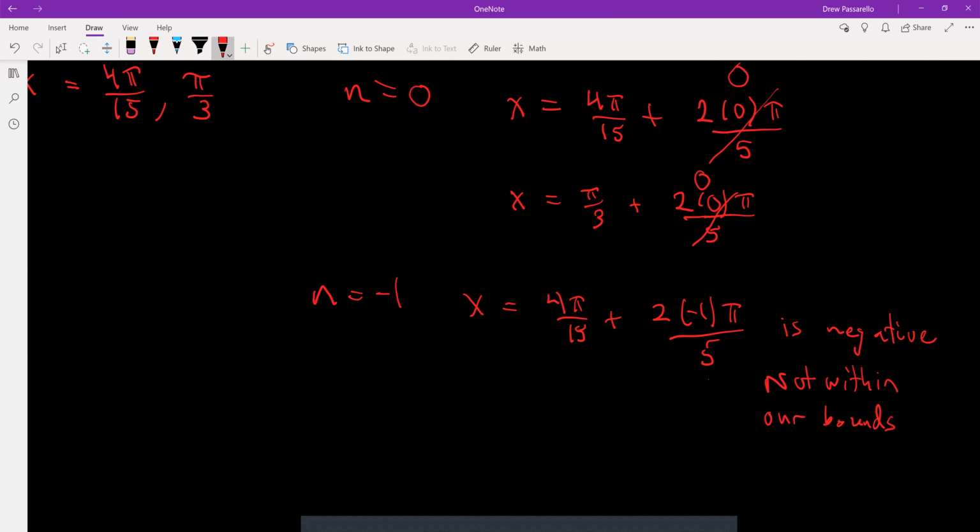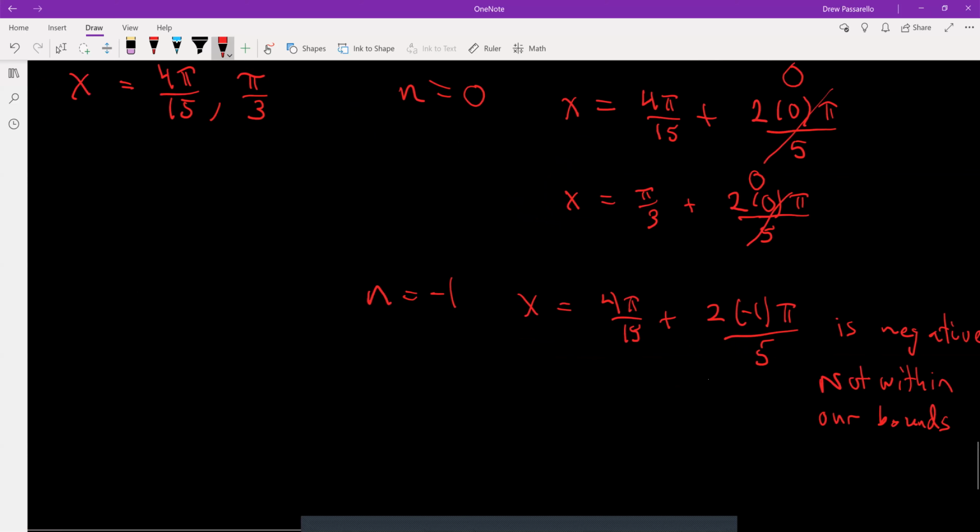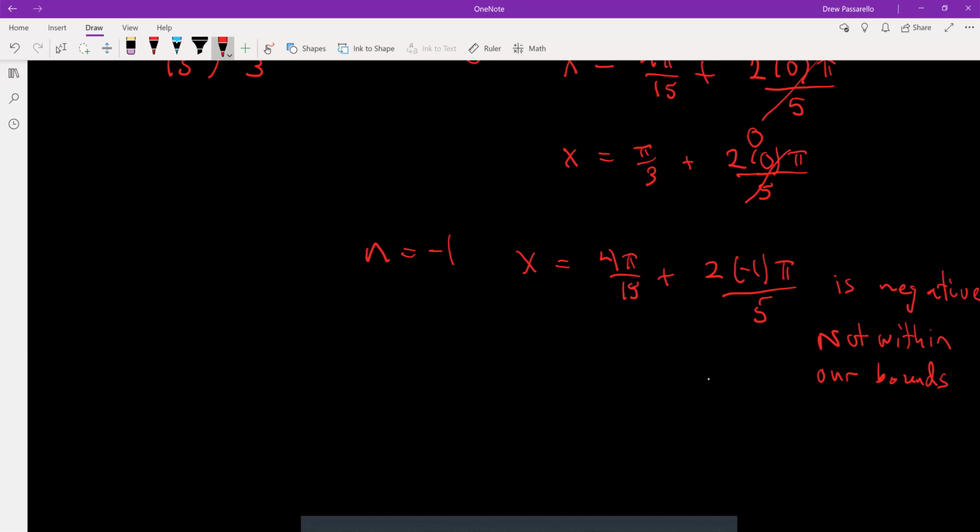Right, the bounds were 0 to 2 pi. And similar, if I do it for the other one, because you're doing pi over 3 minus 2 pi over 5, that's going to be negative also.